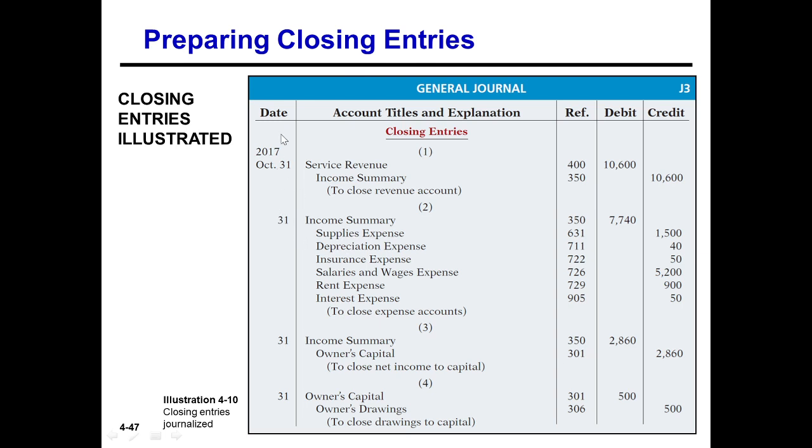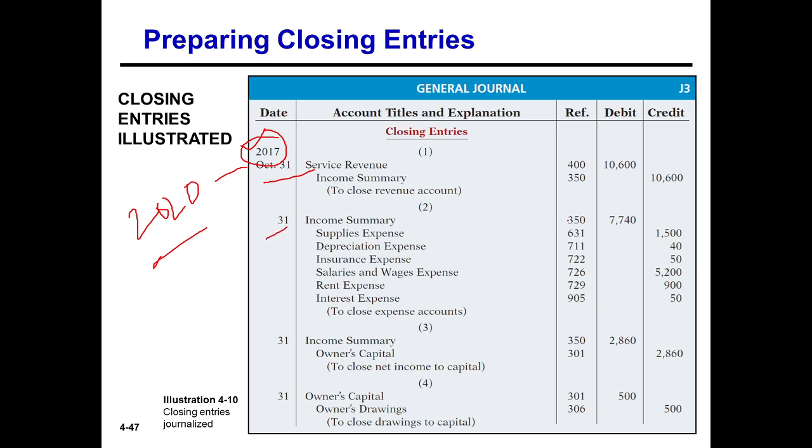Now October 31st is the closing date, the last date of the year, here 2017, though in the previous example I showed 2020. The year doesn't matter, this is the last date of the accounting period.